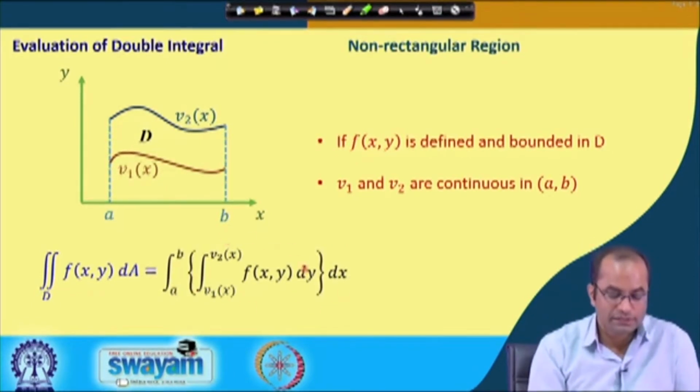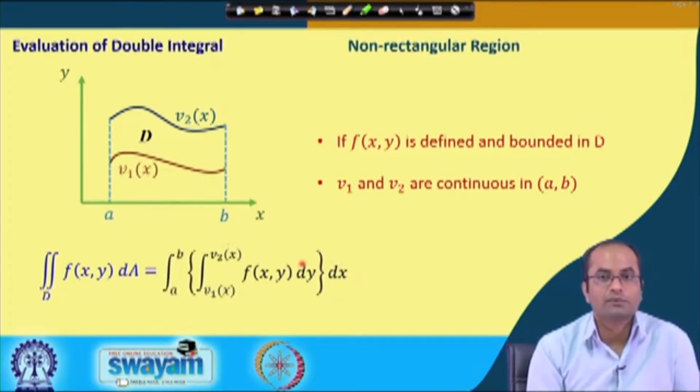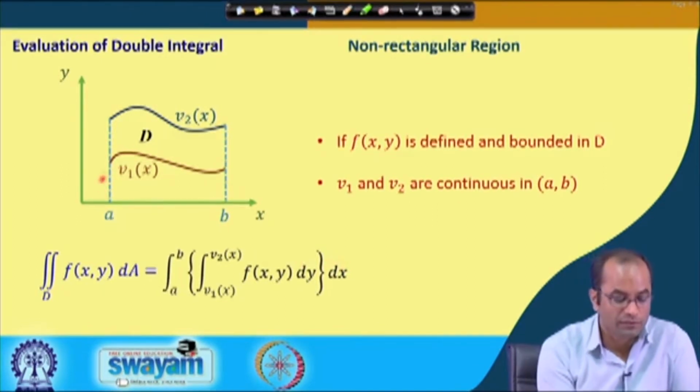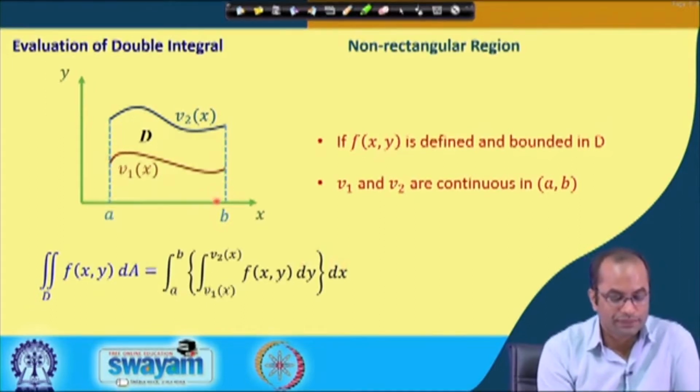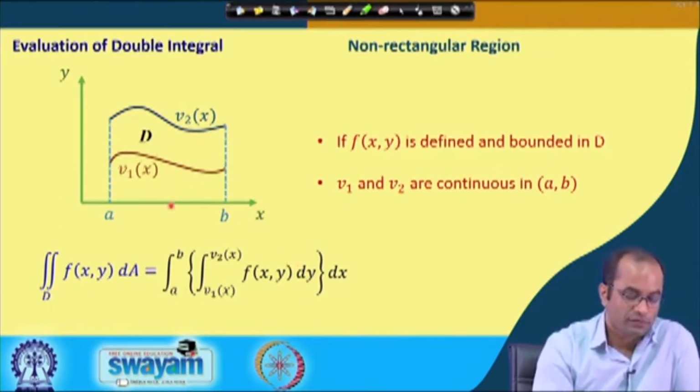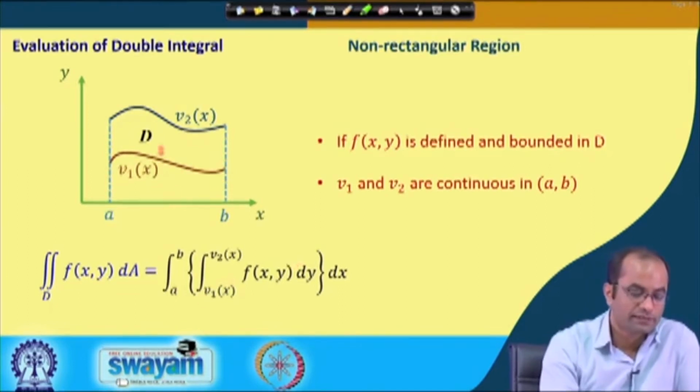Once we are done with this integral, we integrate with respect to x, where the limits are from a to b. For x the limits are constant, a to b, but for the inner integral in y the limits depend on x, v1(x) to v2(x).